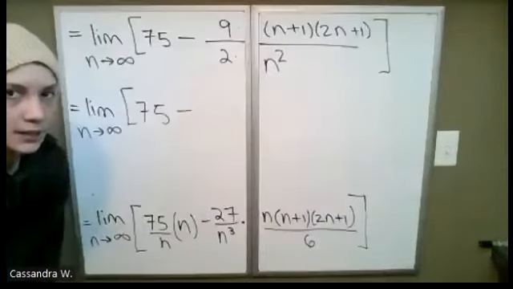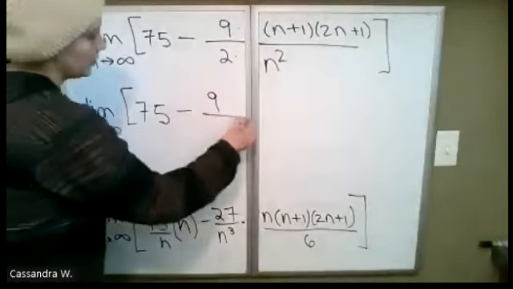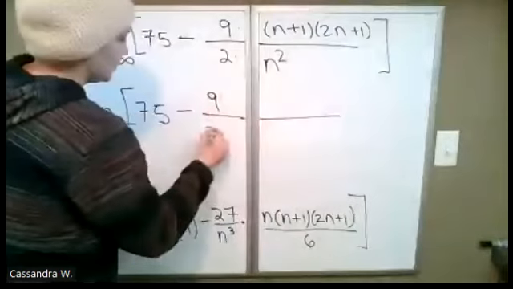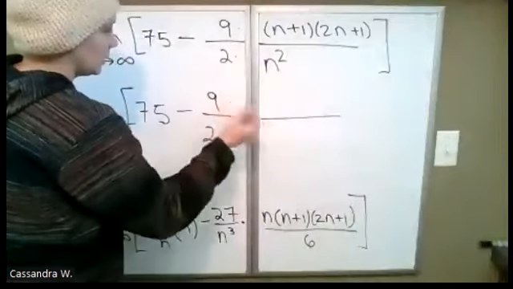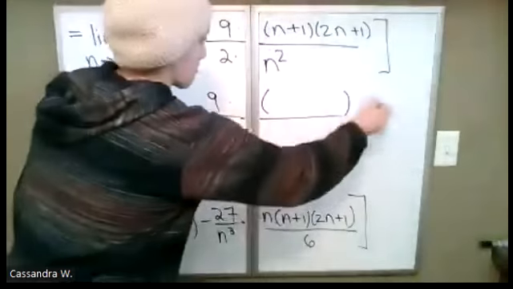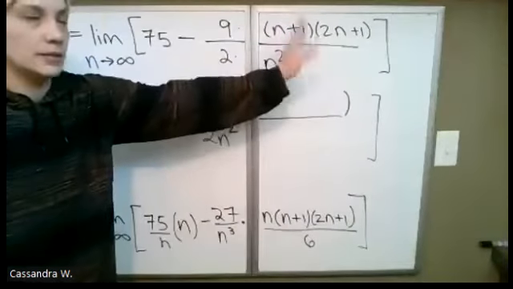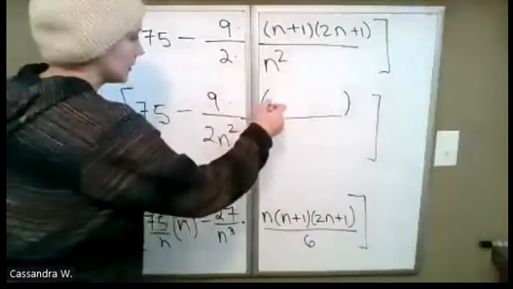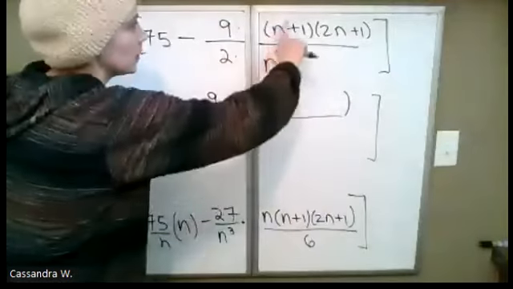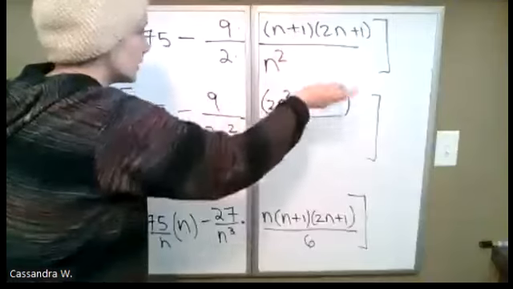Okay, so we're subtracting from 75, 9 over 2n squared times... 2n cubed, oh no, 2n squared, plus n plus 2n, so it should be plus 3n.